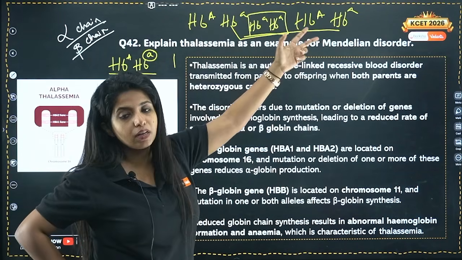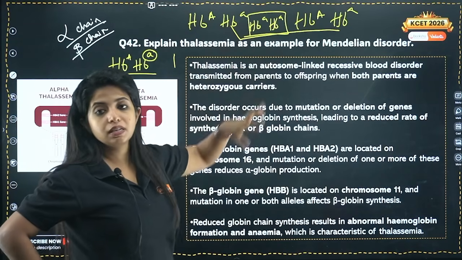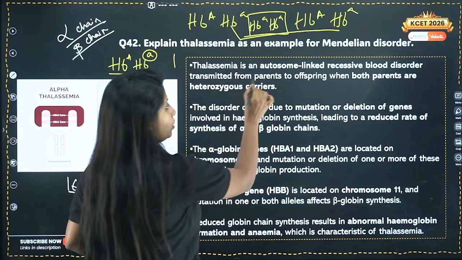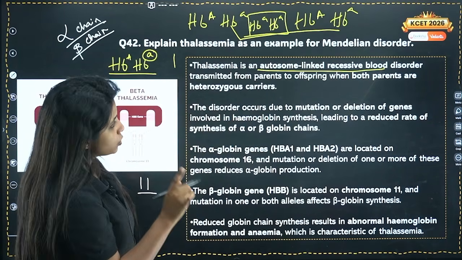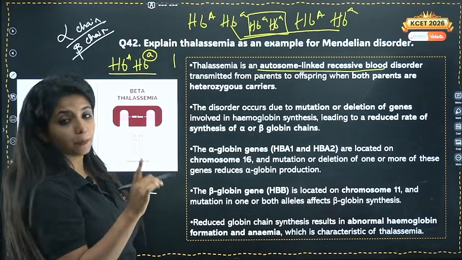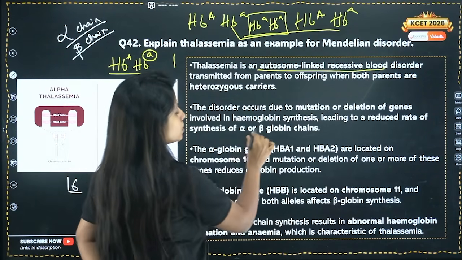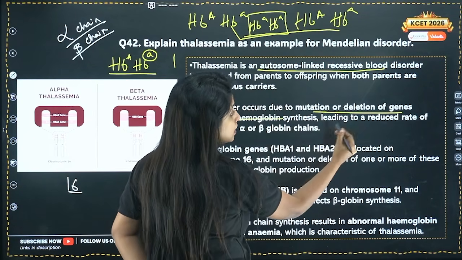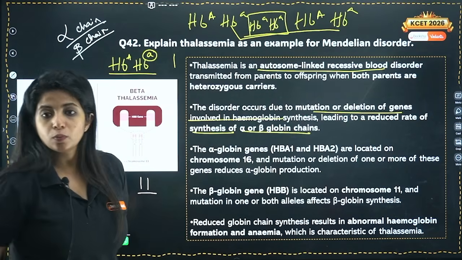If they are carriers, my dear children, they can definitely pass it on to the children because it can be seen only in the recessive condition. So thalassemia is an autosomal recessive blood disorder, and it is transferred from both the parents to the offspring if both of them are heterozygous carriers. The disorder occurs due to mutation or deletions of genes involved in hemoglobin synthesis, leading to a reduced rate of synthesis of alpha or beta globin chains.